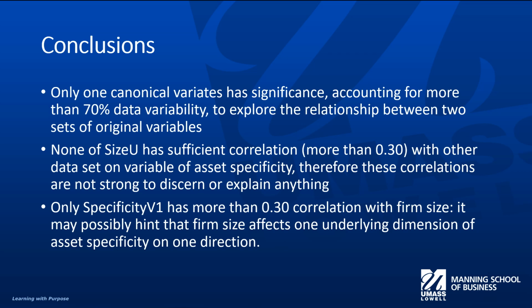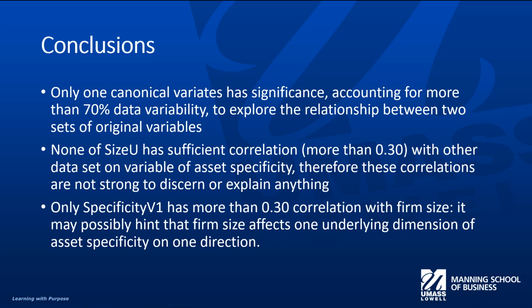We have the conclusion from the canonical analysis. There's only one canonical variate with significance, and it can account for the major data variability between the correlations of the two groups of variables. And none of the size variates has sufficient correlation with the other data sets.